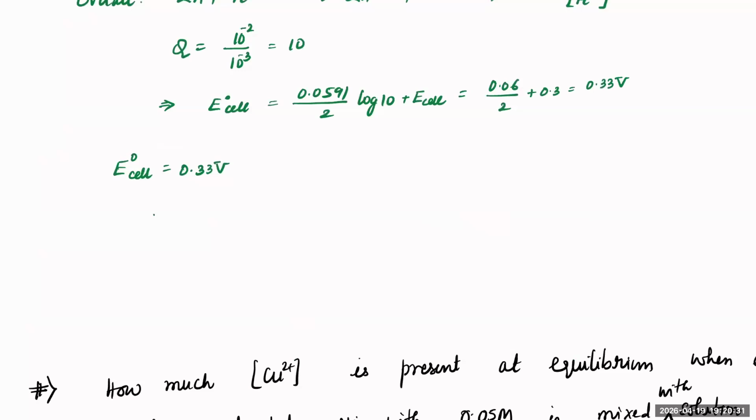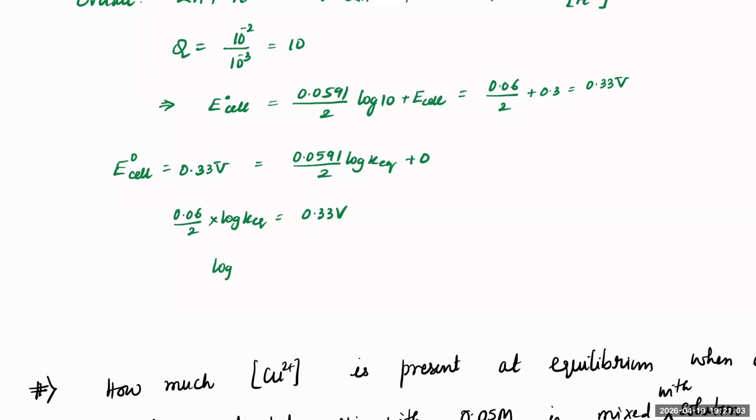So therefore, E naught cell value is equal to 0.0591 by 2 log of K equilibrium plus 0, because at equilibrium this E cell now will become 0. So therefore, this will be 0.06 by 2 into log of K equilibrium is equal to 0.33 volts.